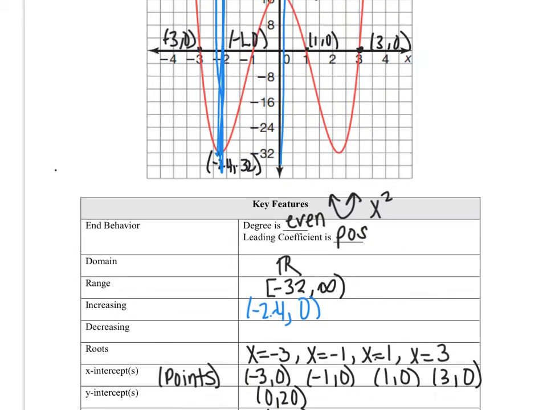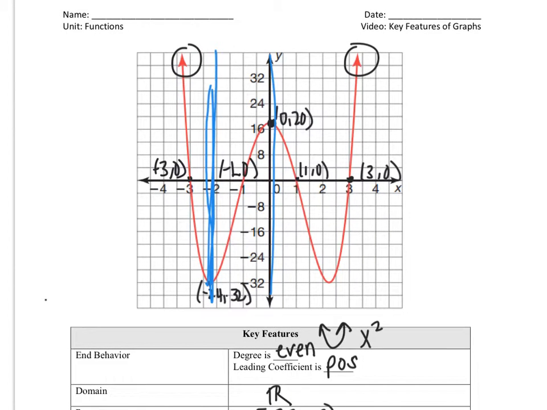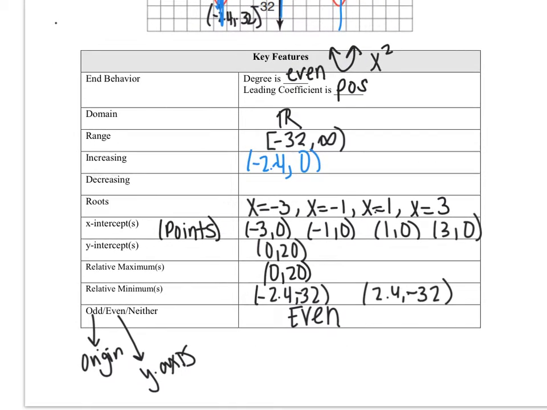Okay? It's also increasing from positive 2.4 on. So we will say 2.4 to infinity.